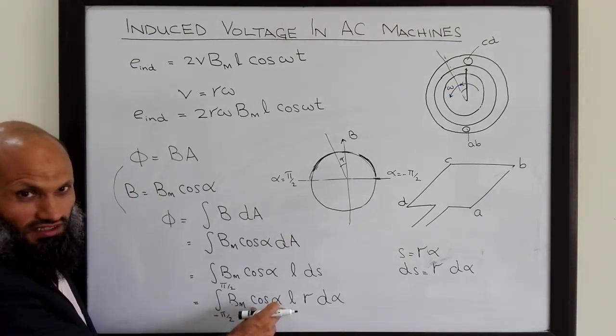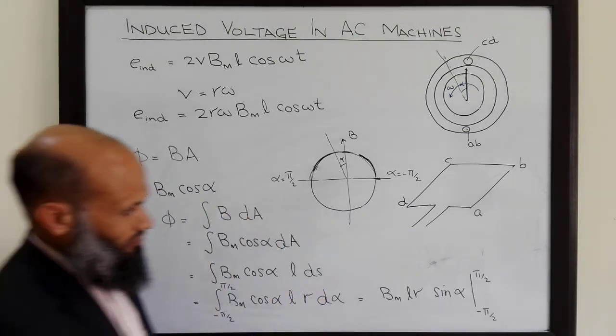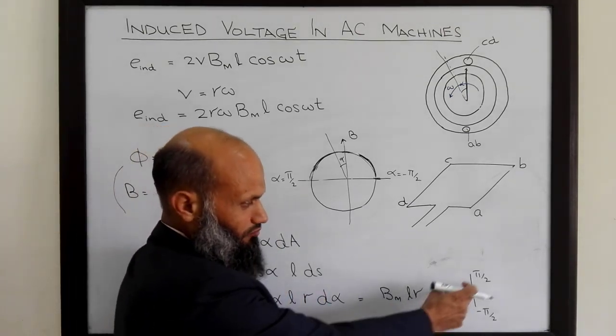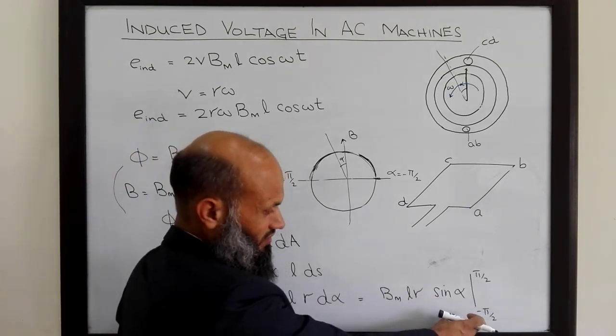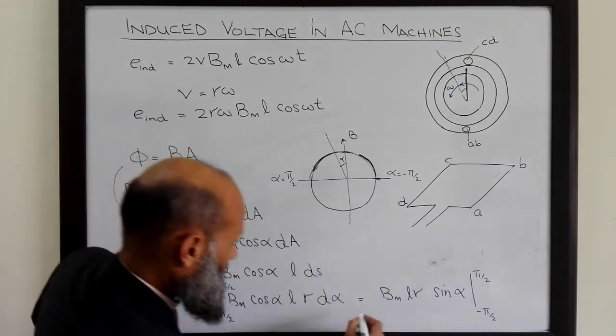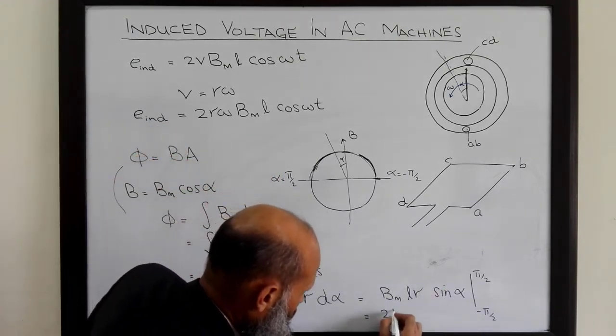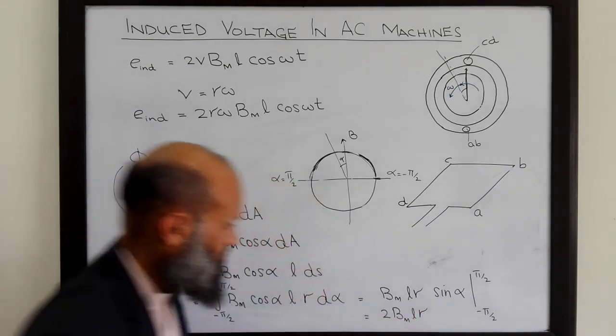The integral of cosine alpha is sine alpha. Sine of pi by 2 is 1 and sine of minus pi by 2 is minus 1, so this comes out to be 2, and hence this is 2 Bm L r.